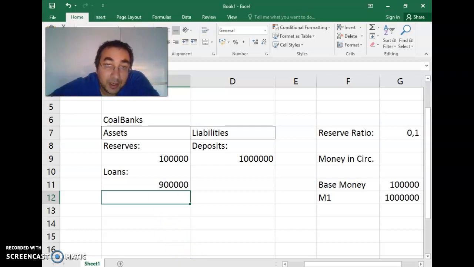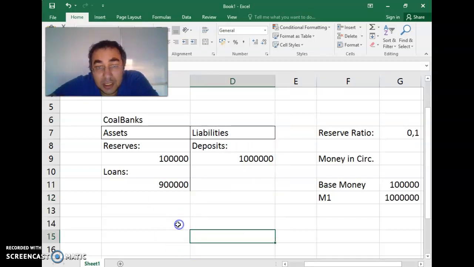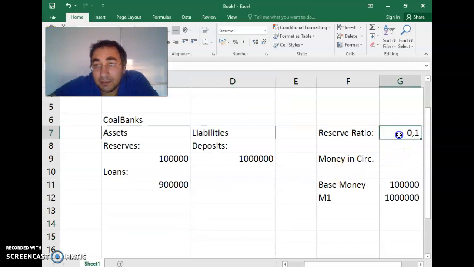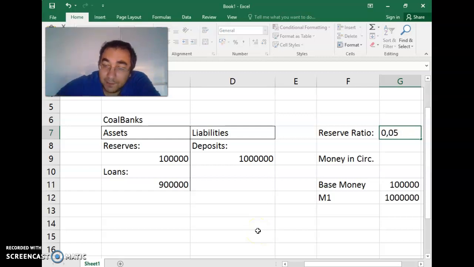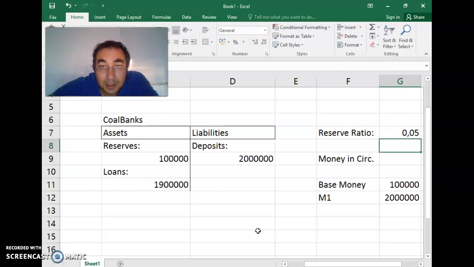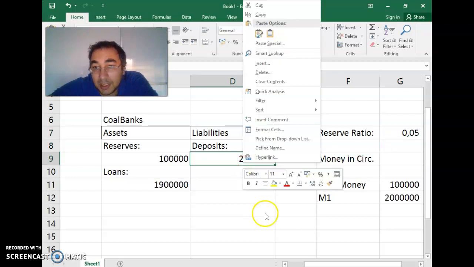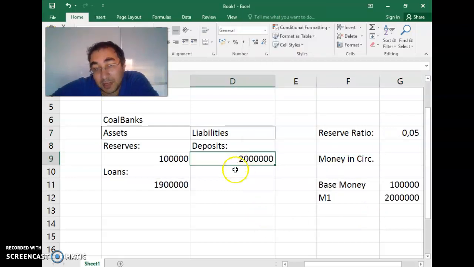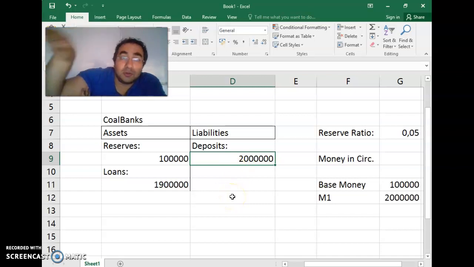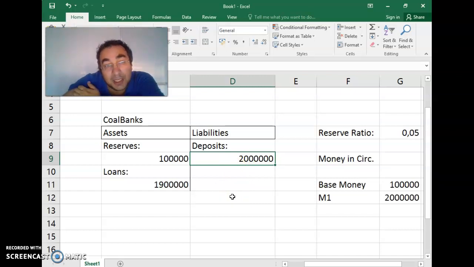In this system, you can see very well what happens when you play with the reserve ratio. For example, I make it 0.05, I am decreasing it. The amount of money in the system rises because more of the money each time is sent to the system compared with the amount held in reserves.